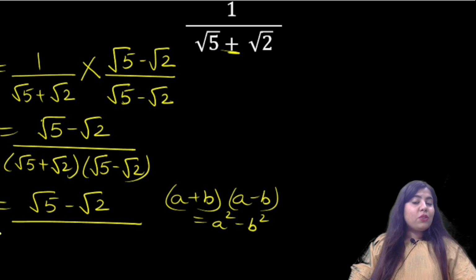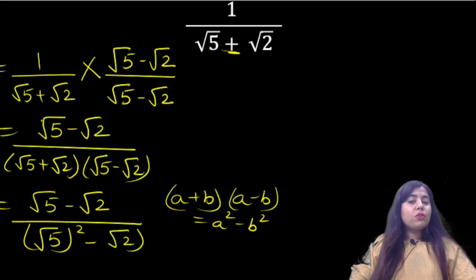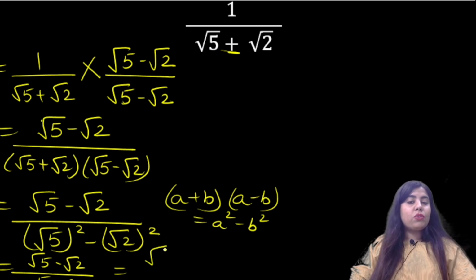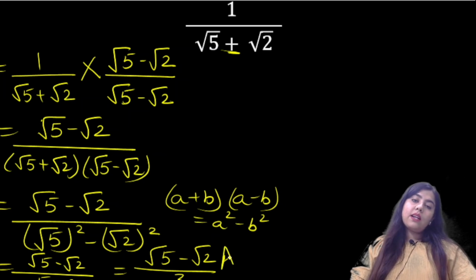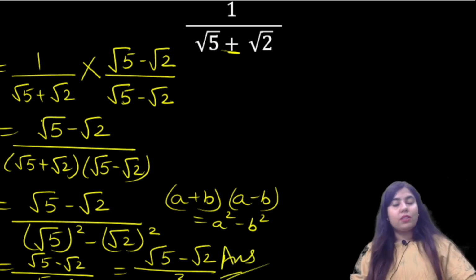So a plus b into a minus b is a square minus b square. Here a is root 5. So we will write root 5 square minus root 2 square. Now it is equals to root 5 minus root 2 as it is by 5 minus 2. And it is equals to root 5 minus root 2 by 3. So this is our answer after rationalization.